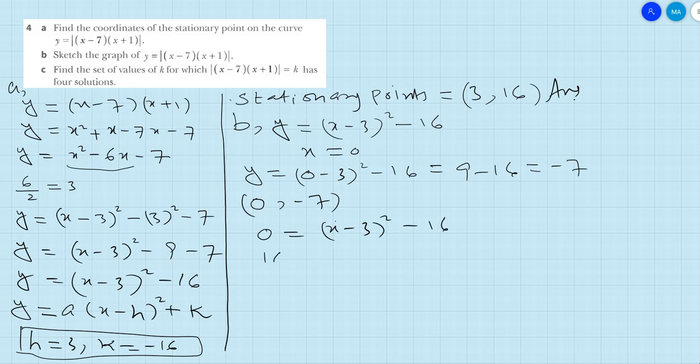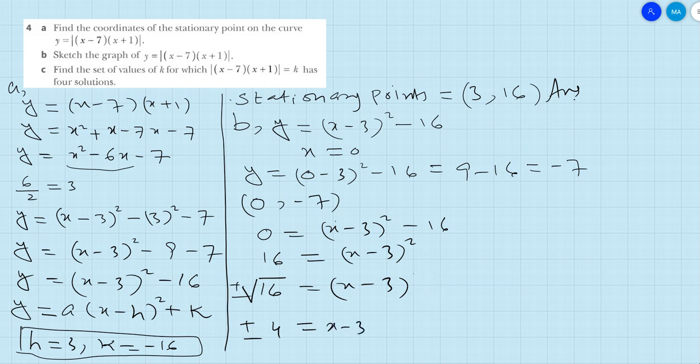Shift minus 16 to this side. It will be plus 16 equal to x minus 3 whole square. Taking square root on both sides, plus minus square root of 16 is equal to x minus 3. Square root of 16 is 4, square and root cancel each other.